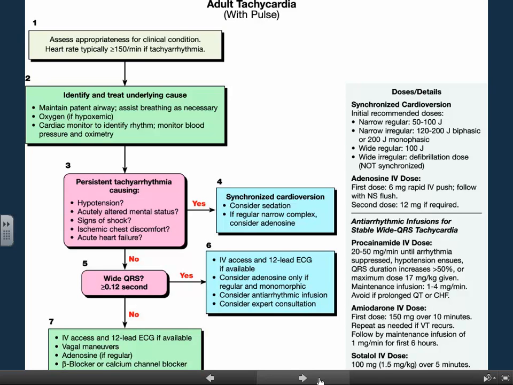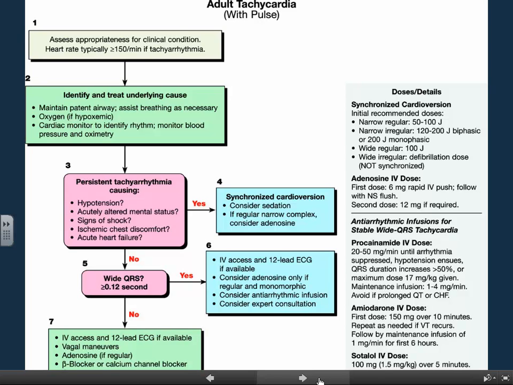But other medications that might work on AFib, what do you think another one is, an antidysrhythmic? Lidocaine's going to be ventricular only. All right, Cardizem may work. Amiodarone, yeah.